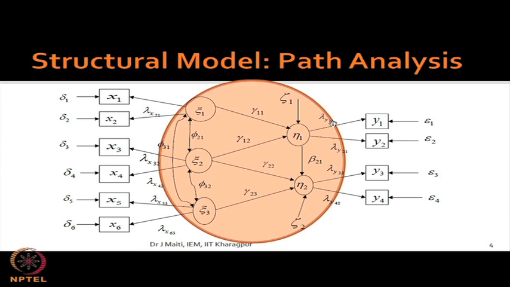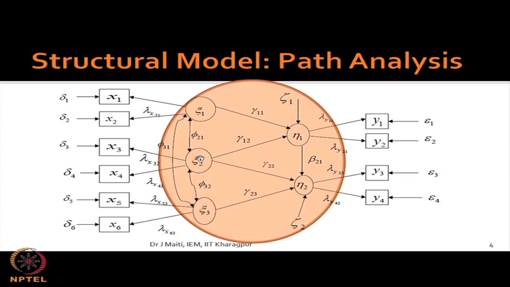If you go back to my first lecture on structural equation modeling, you will find I gave this diagram there. You see this oval shape, the colored portion, where two sets of latent constructs are linked. One set is known as Xi, another set is eta.